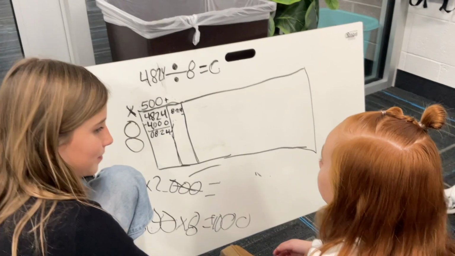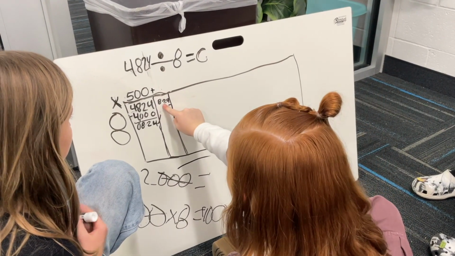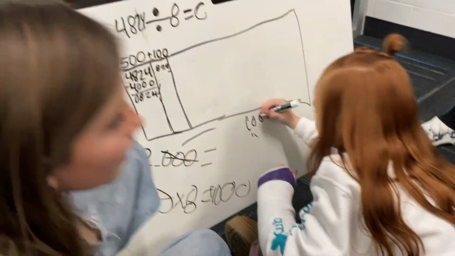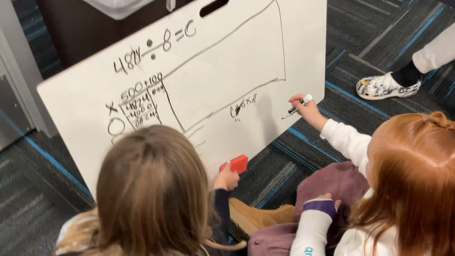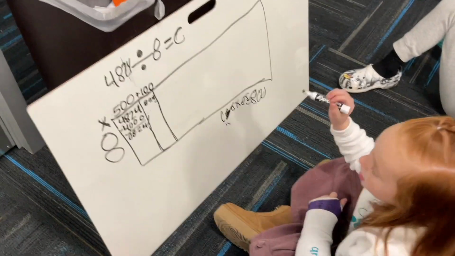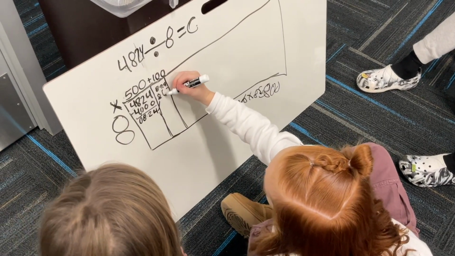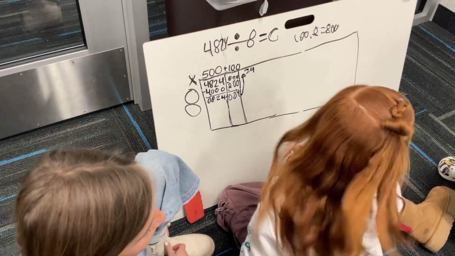Maybe we should do minus 200 up here because we have 800. So then it'd be equals 800. Then what do you think the next number should be, Bronson?